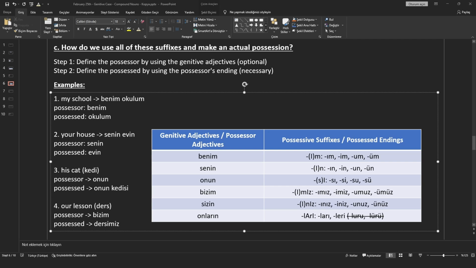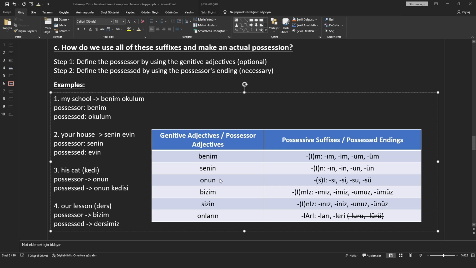So, for example, if I give you his phone, how would you say this? You can check the table. Yes, onun telefonu.